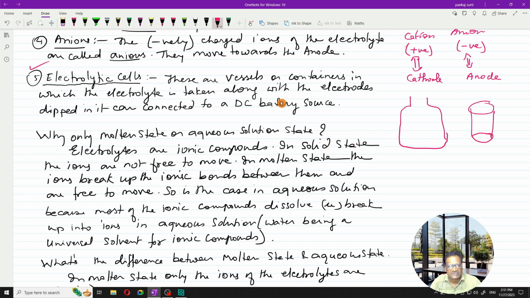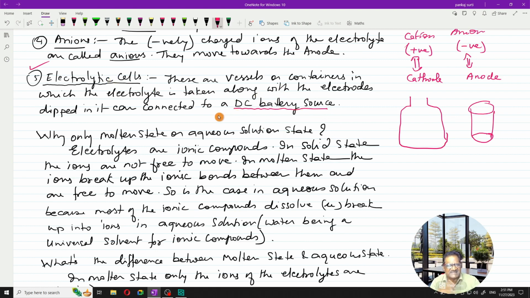In this container you will have to take that electrolyte in the molten state, right? And along with it, the electrodes dipped in the electrolyte, and these electrodes will be connected to the DC battery source. This entire assembly is known as an electrolytic cell.